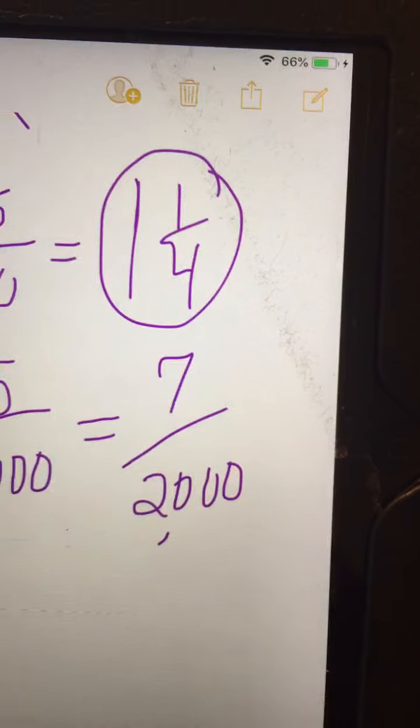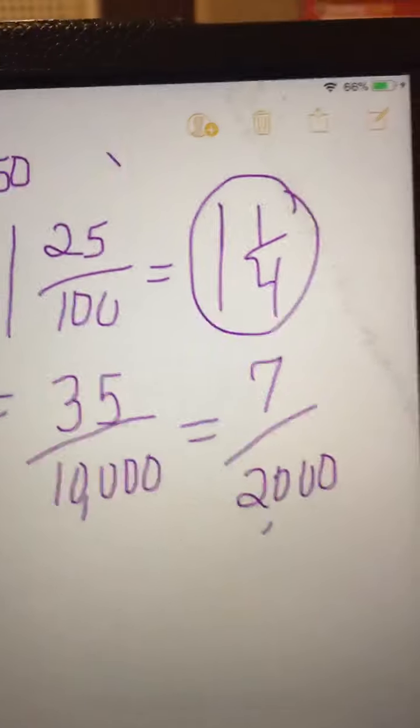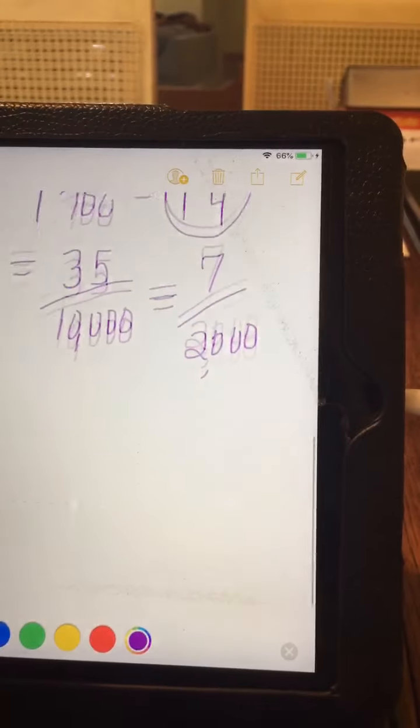All right, let's take a look at quick check number 3. If you start with a mixed number, then how do you get that to be a decimal and then a percent? Okay, so this is the next thing we're going to learn.